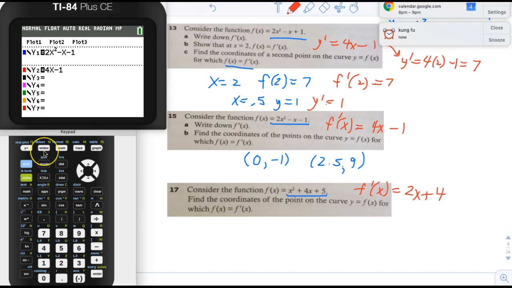So it's going to be x squared plus 4x plus 5. And then we're going to put in the derivative 2x plus 4.